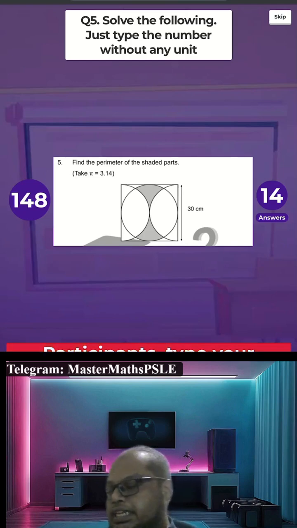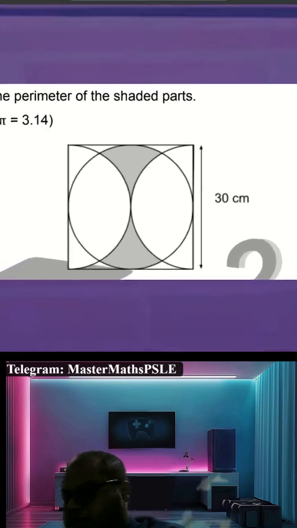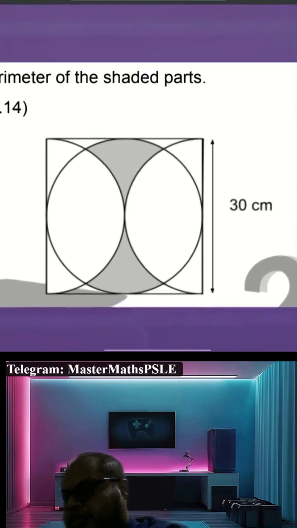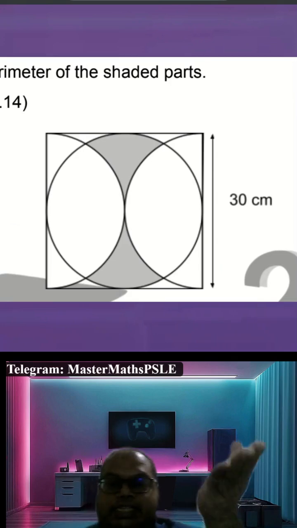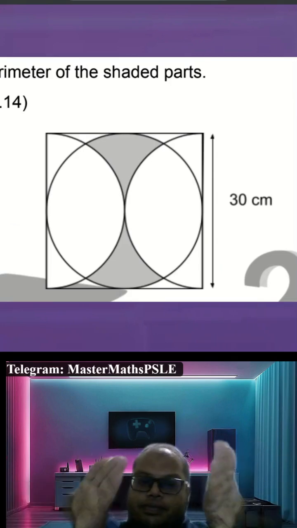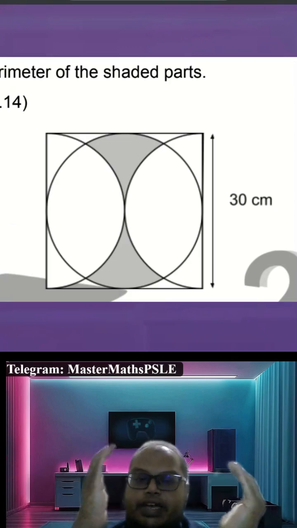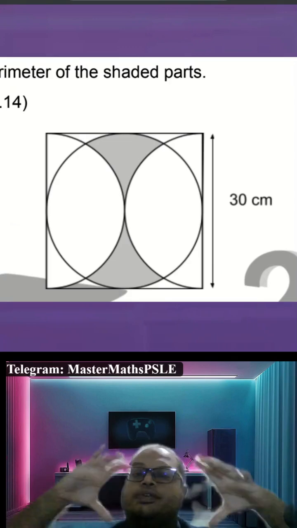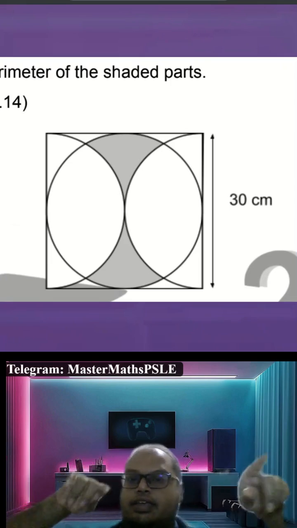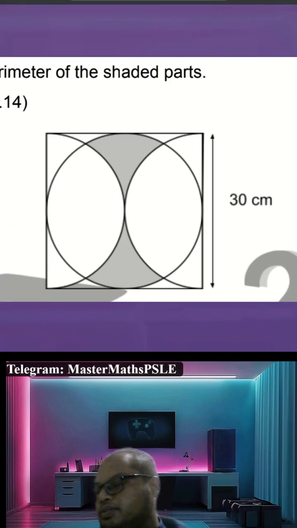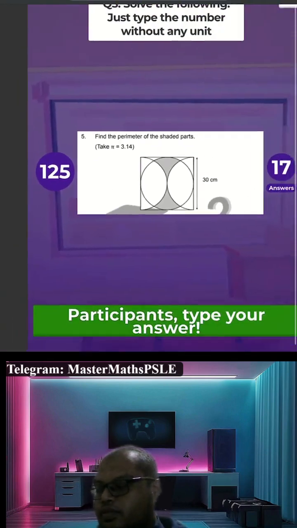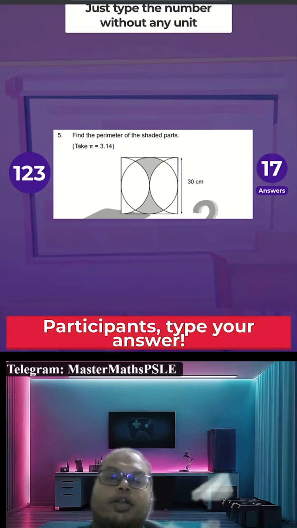The hint here is that the inside curve is the same as the outside curve. So when you transfer it outside, it becomes a full circle. That's the only hint I'm gonna give. Use pi to be 3.14.